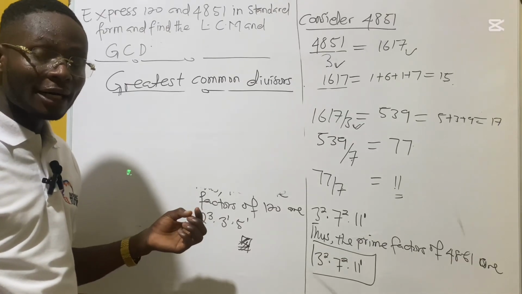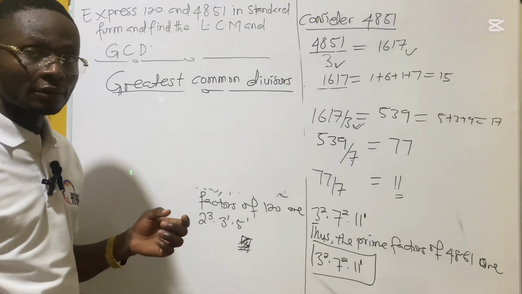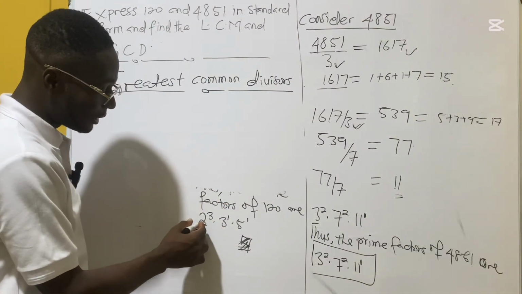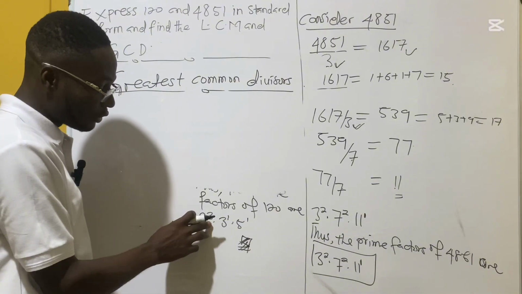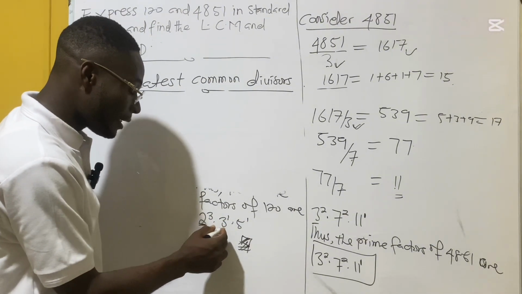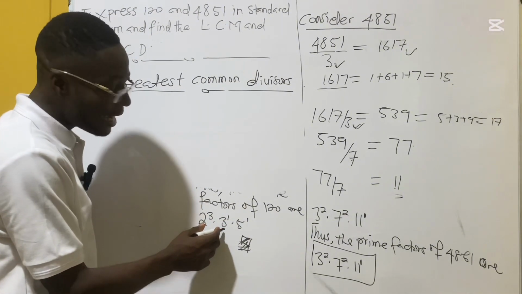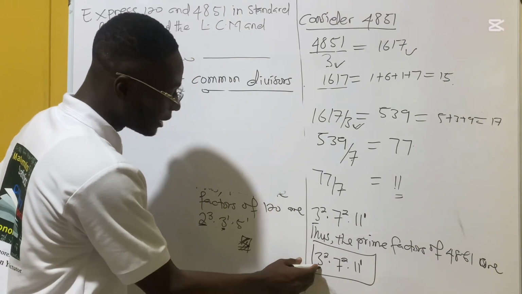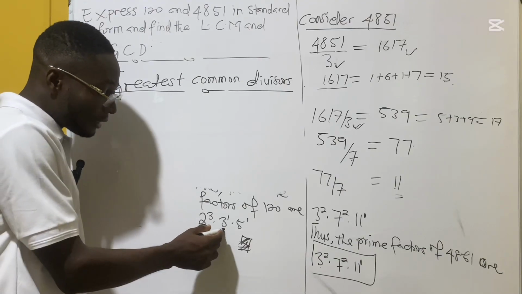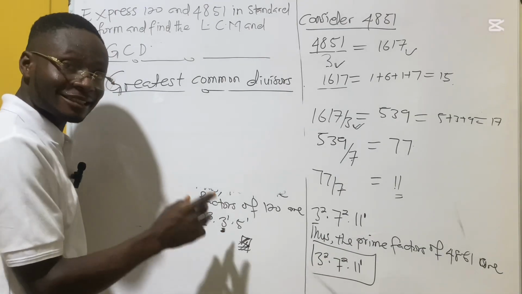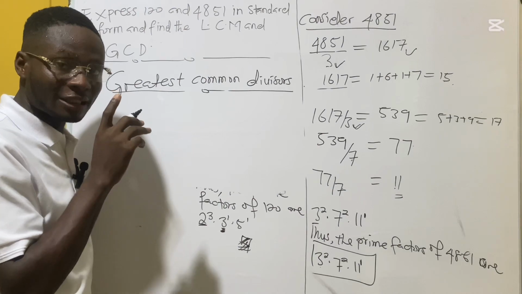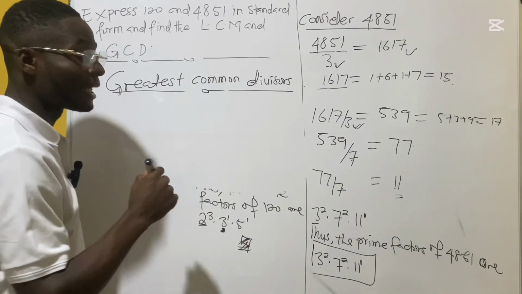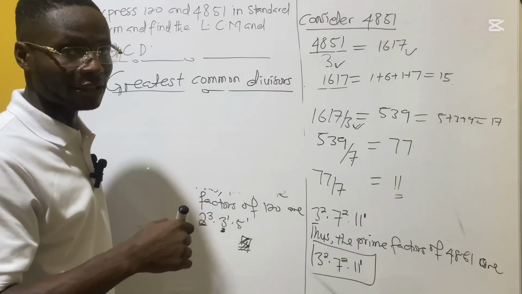This integer 2 power 3 has an exponent of 3, but 3 has an exponent of 1 here, and an exponent of 2 over here. So we consider 3 exponent 1 because it has the least exponent. So the greatest common divisor becomes 3 power 1, and that is equal to 3.